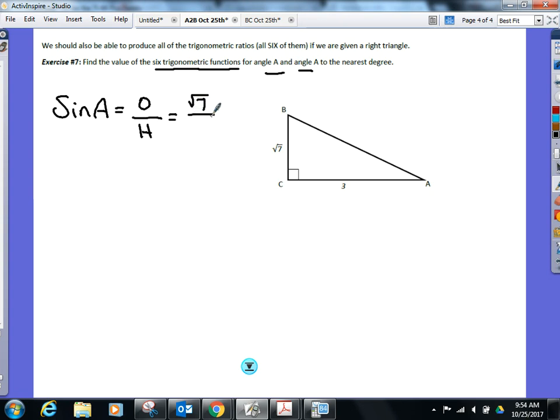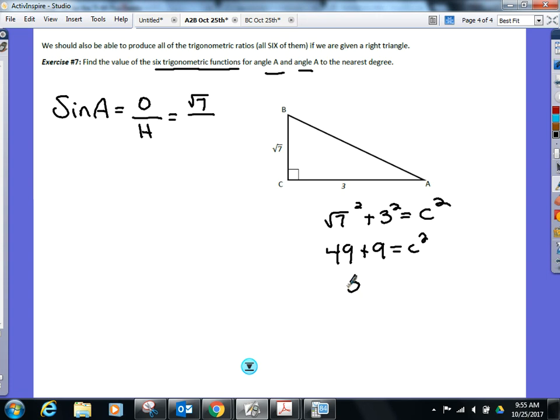Darn it. What do I need to do? Pythagorean theorem, yep, our boy. Radical 7 squared plus 3 squared equals hypotenuse squared, yep. 7 and 9.